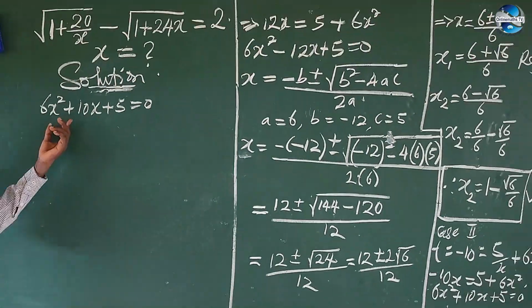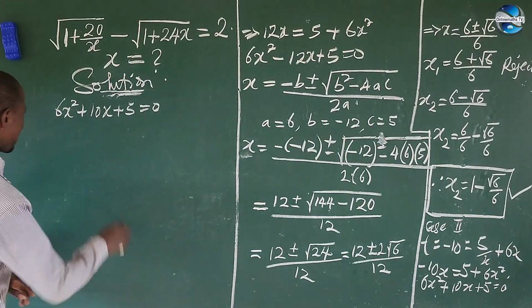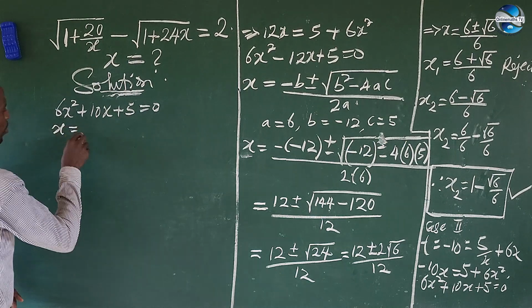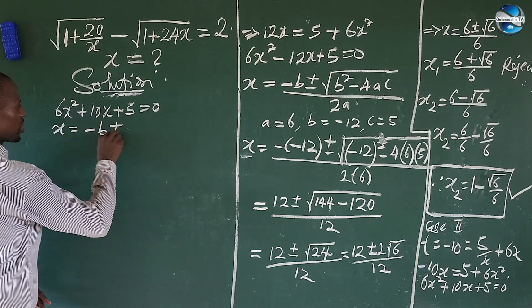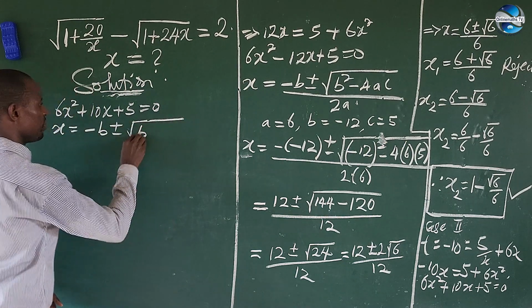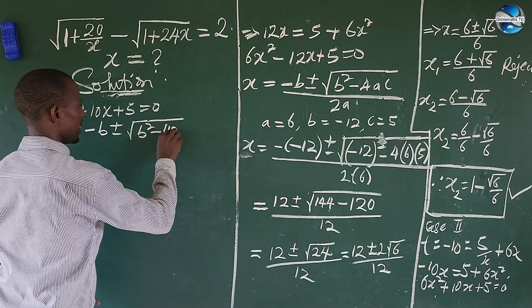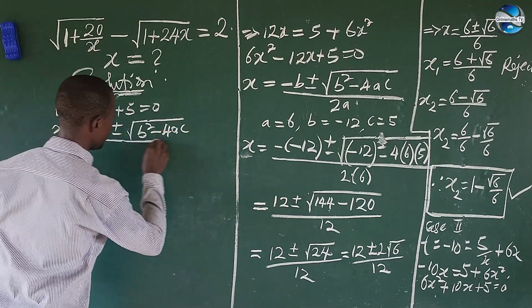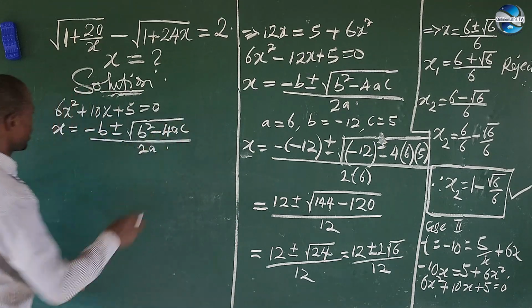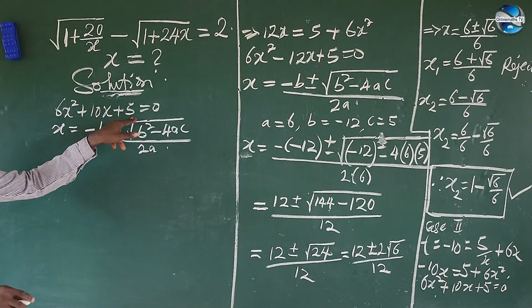All right, so we use the quadratic formula again. We're going to have x is equal to minus b plus or minus the square root of b squared minus 4ac, all over 2a. So this is our a, this is our b, and this is our c.